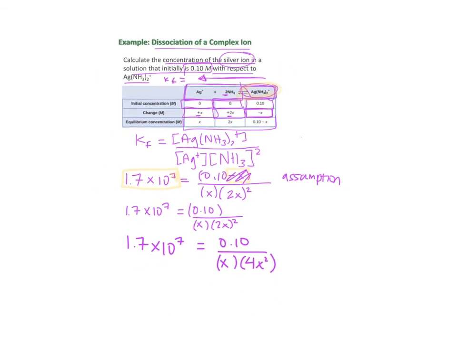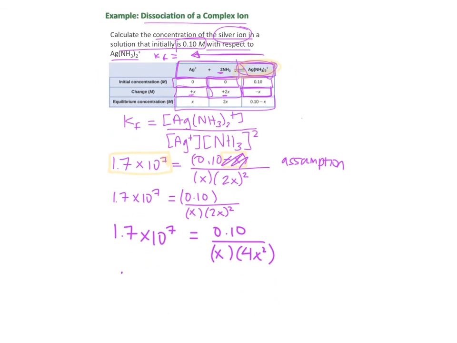Further, you can just multiply that x by it, so we end up getting 1.7 times 10 to the 7th equals, I'm just doing algebra here, 4x cubed. So this is about as simple as we can get before we need to start solving.